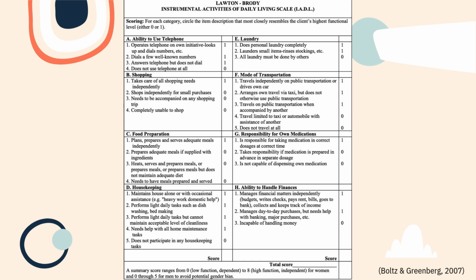Through your interview with the client, based on their response, you would do the corresponding number or score for that. So if they're able to do laundry completely on their own, it'd be a 1 and you'd circle that. Or let's say they're not able to do laundry at all and they depend on others for that, they would get a 0. You do that for each section and then score at the bottom to get your range from 0 to 8.